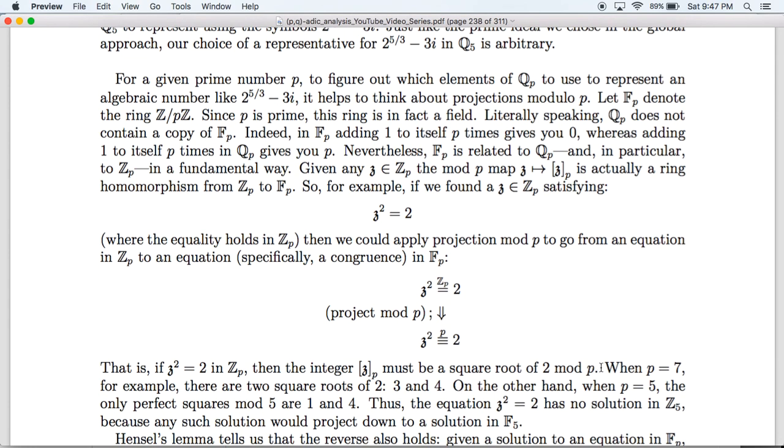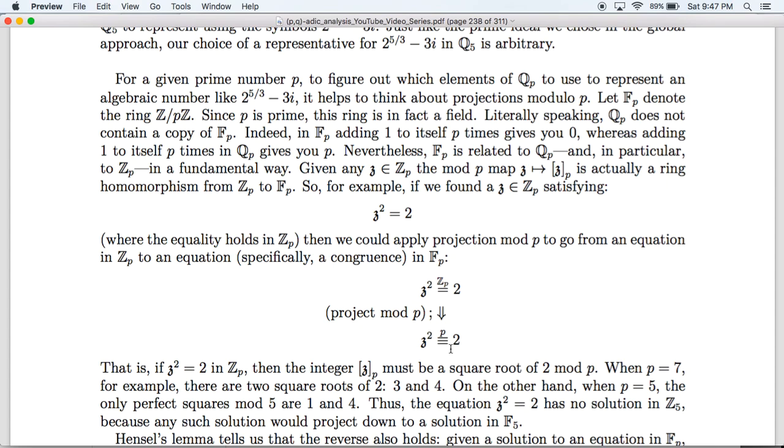So when p is equal to 7, for example, 3 and 4 are the two square roots of 2 mod 7. 3 squared is 9, which is 2 more than a multiple of 7, and 4 squared is 16, which is again 2 more than a multiple of 7. On the other hand, when p equals 5, the only perfect squares mod 5 are 1 and 4, and so z squared equals 2 has no solution in F_5.